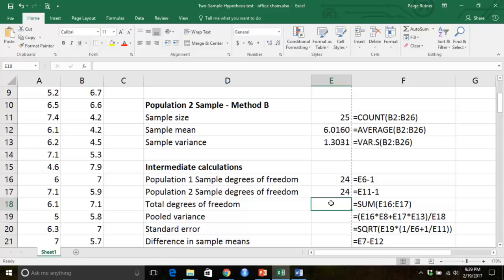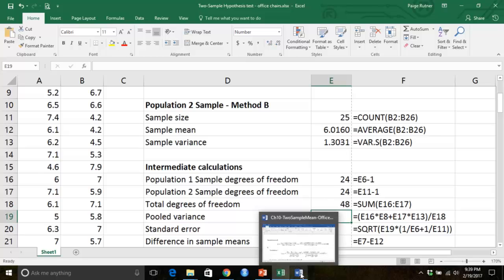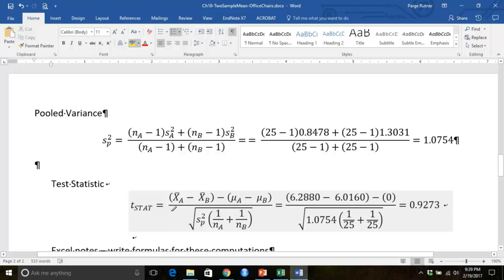And then I'll also go ahead and compute my total degrees of freedom. And so for that, I'm just adding those two degrees of freedom for the individual samples together. And what that gives me, if we go back again and look at our variance, is the value for the parenthetical term in the numerator, the two parenthetical terms that I have there, as well as the sum of the two parenthetical terms down here in the denominator.